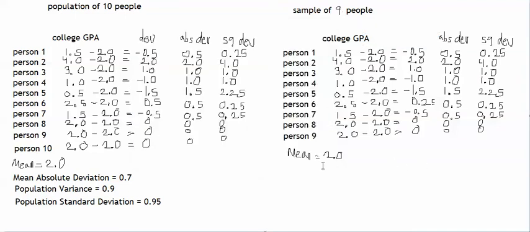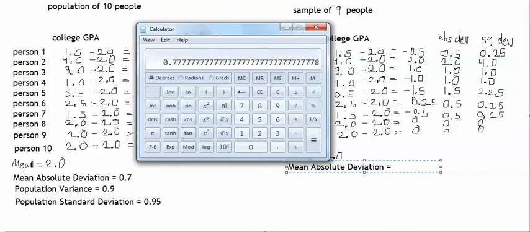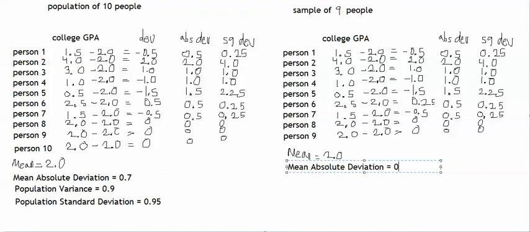Remember, the mean absolute deviation isn't adjusted for the sample. It's calculated the same way regardless of whether it's a population or a sample. So it equals about 0.78.